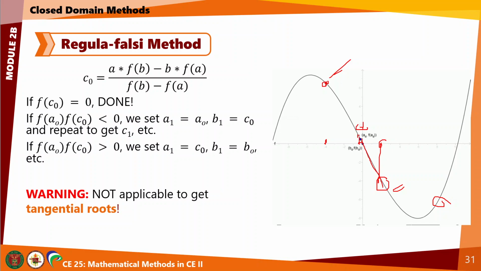Okay? Again, the formula that we have to use is A times f of B minus B times f of A over f of B minus f of A. Okay, so just like the bisection method, this is not applicable to get the tangential roots. Okay, so kung tangent yung function natin sa x-axis, you cannot use this as well. Right? Let's now apply this to an example.